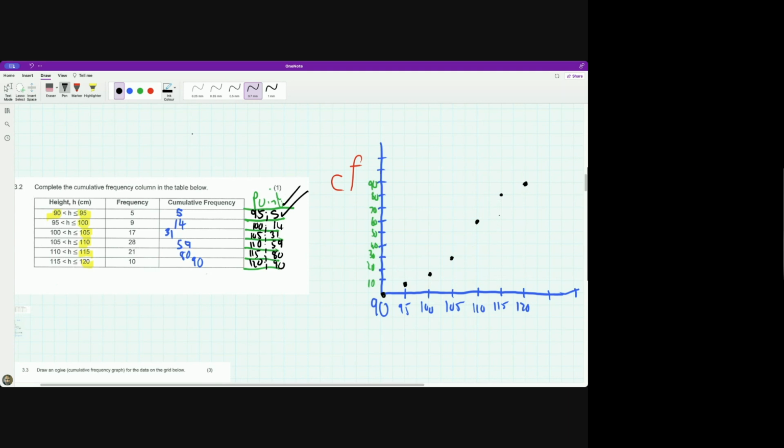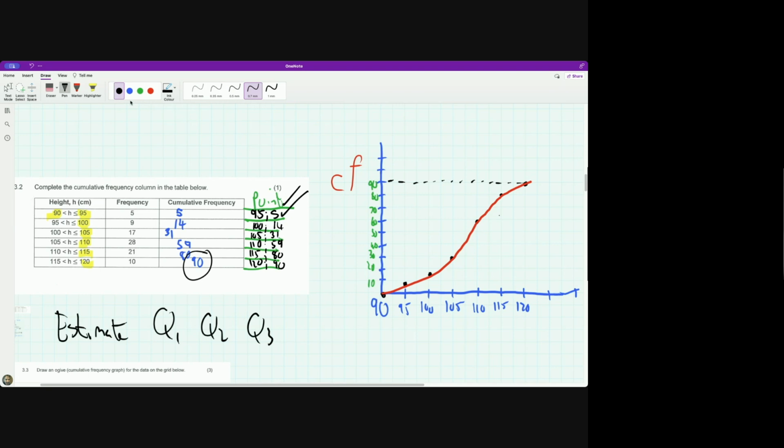In order to get your ogive, you have to connect them with a curved line. You'll notice that in line with the last point is the value 90, because that is the total number of items in the data set. Next, I want you to get me estimate values for Q1, Q2, and Q3.